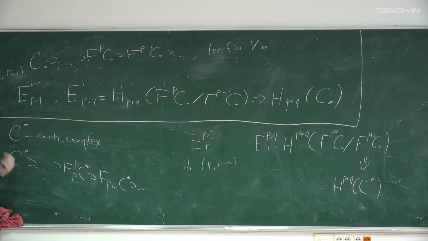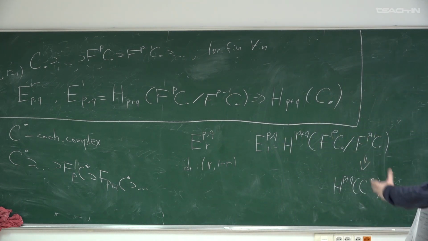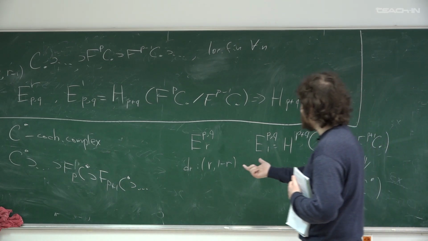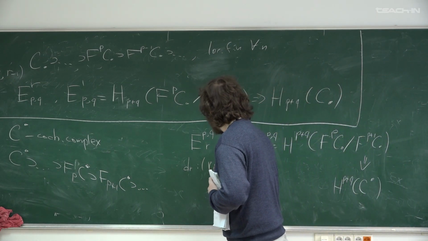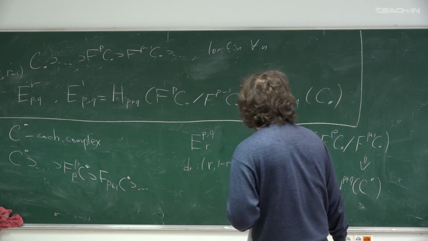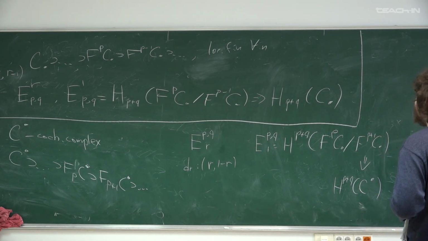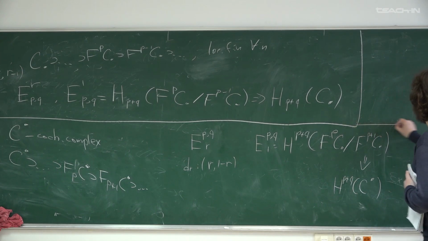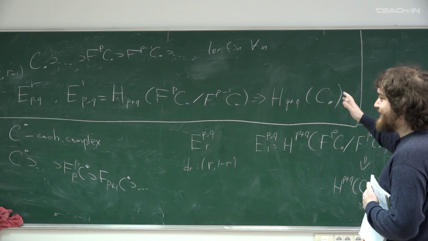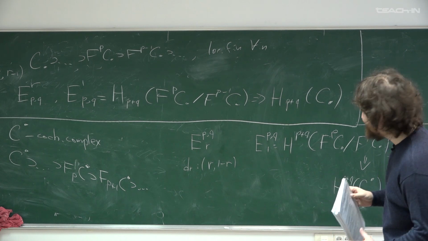It's just a convention of standard indexes, because they often arise in practice. Today I will consider only homological types, and all cohomological counterparts I will leave as an exercise.